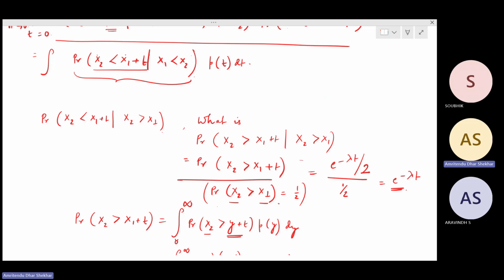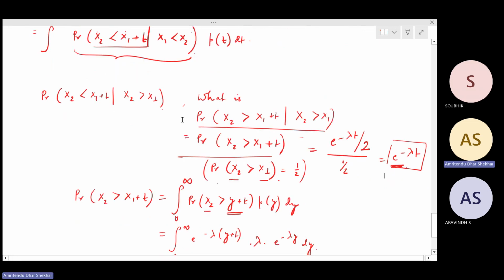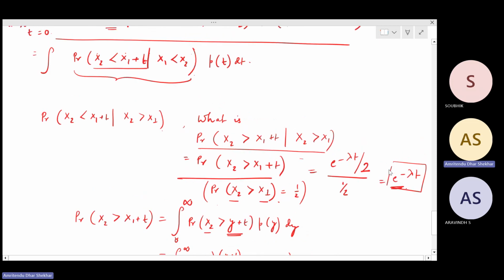Okay. So what does this mean when we say that this conditional distribution is equal to e to the power lambda t? It means that this conditional distribution also is an exponential distribution, right?